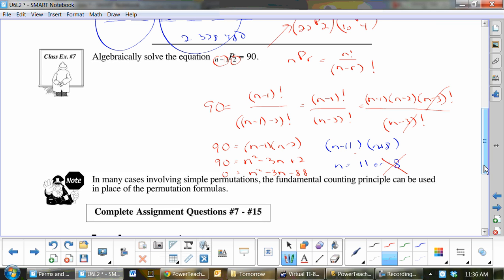Now, I did find a way you could do these in your calculator. So maybe you want to try that out with me. All you want to do is, in Y1, put in x minus 1 in brackets, then the perm button, followed by a 2.